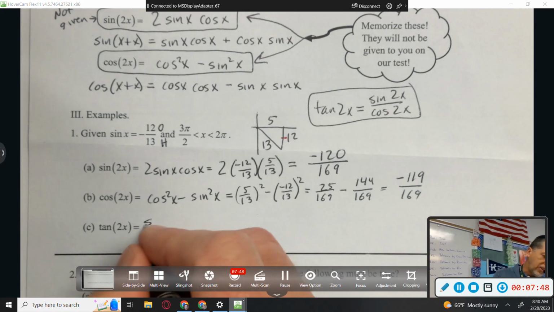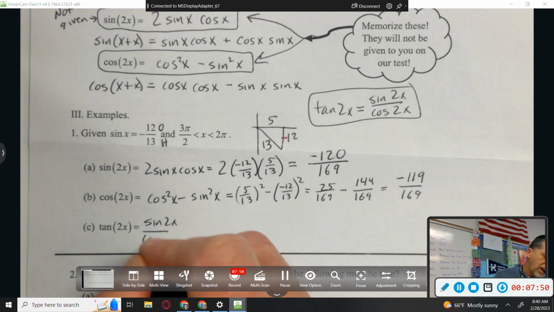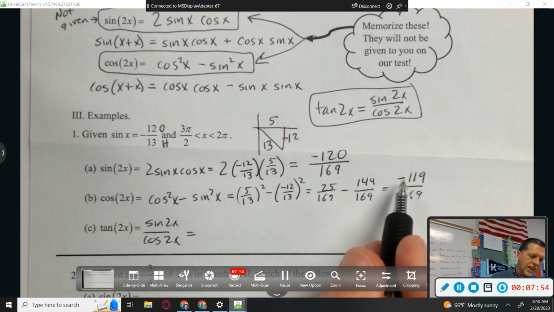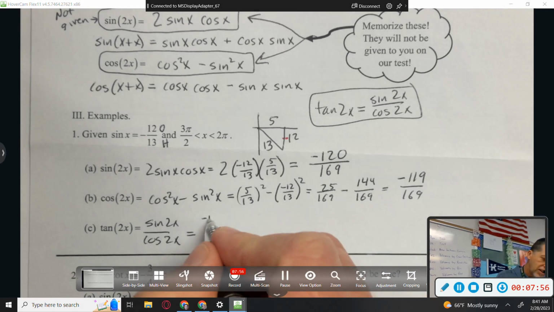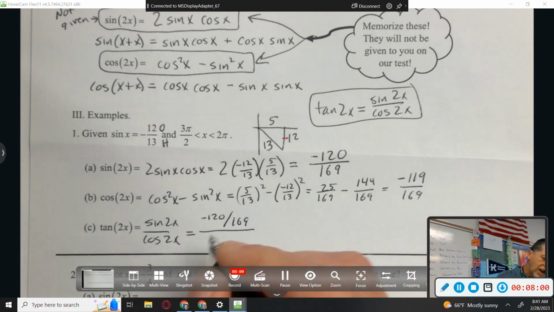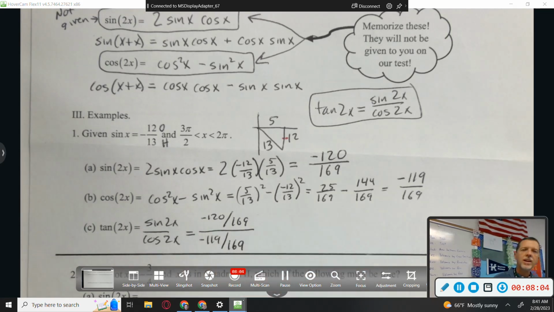And then tangent is just sine over cosine, especially since we already have sine and cosine of 2x. So negative 120 over 169 over negative 119 over 169. And then there's like 3 different things you could do from there to simplify.